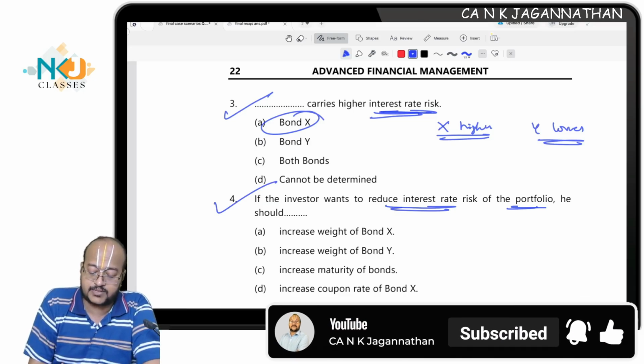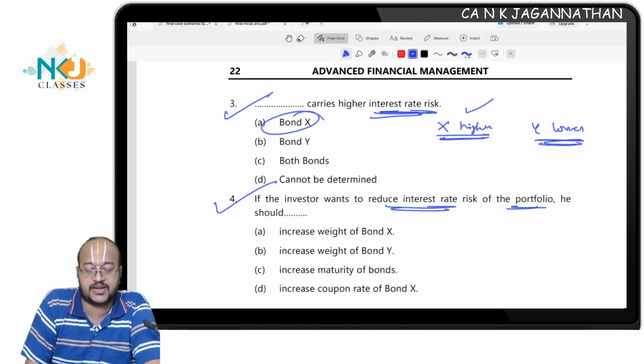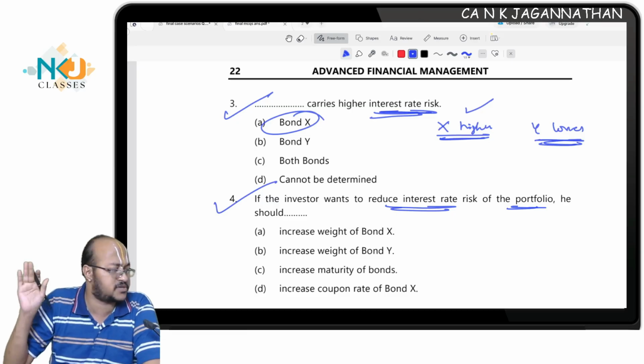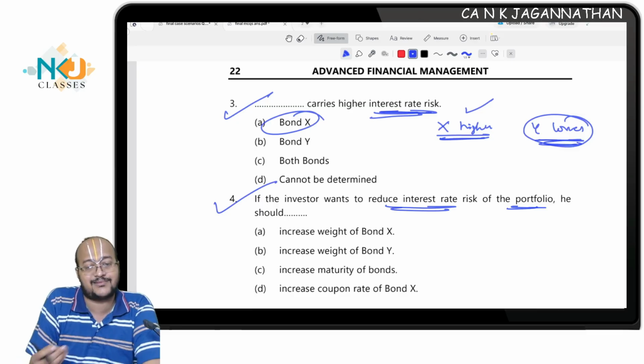See what they said. X is higher and Y has got lower duration. If you want to create a portfolio and reduce the interest rate risk, X has higher interest rate risk as per their observation, since duration is more. Now you put in a lower duration security to pull the overall duration down.